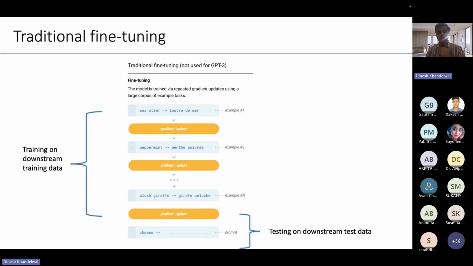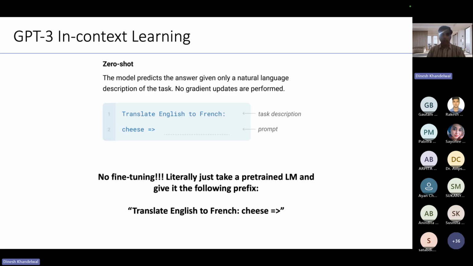But when you train this model on huge data, what people observe is this emergent ability of in-context learning. So what is in-context learning? You pre-train your model on, let's say, this unlabeled corpus, but now you want to do the English to French task. You don't need to fine tune your model. You just give a task description, that I want to translate English to French, and provide the input, like cheese, translate it to French, and the model is generally able to translate.